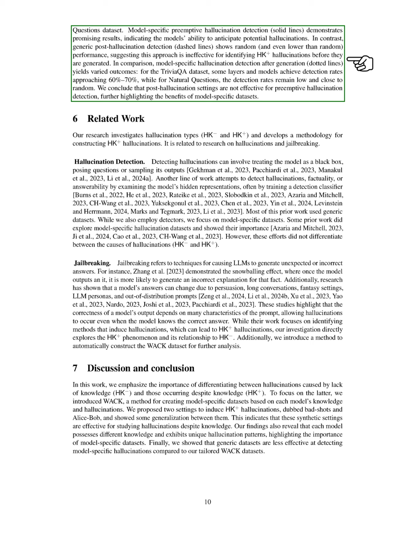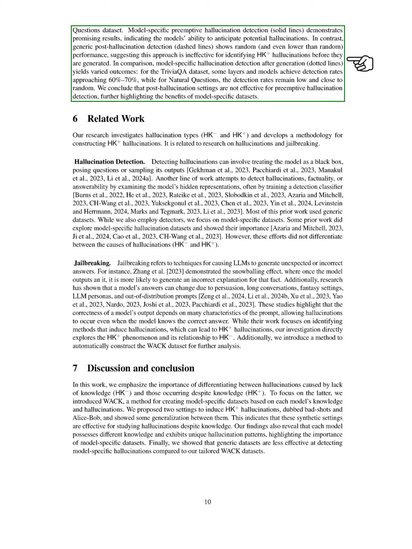Our results show that model-specific preemptive detection yields promising outcomes, while generic post-hallucination detection performs poorly, often at random levels. Additionally, model-specific detection after generation shows varied results, with some models achieving detection rates of 60% to 70% on one dataset, while remaining low on another.